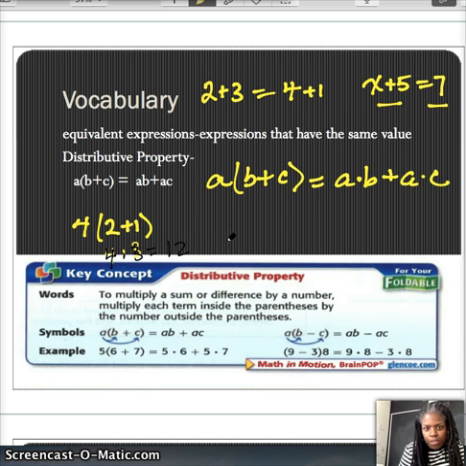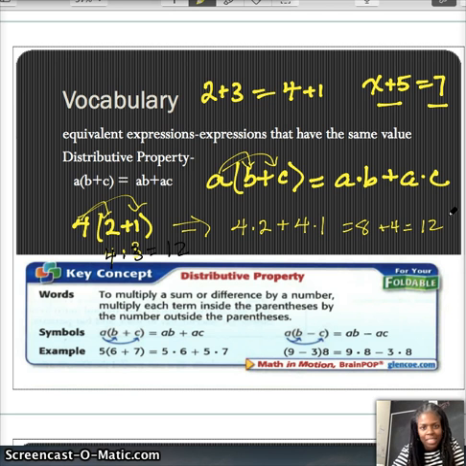However, this distributive property tells me that I can write it as 4 times 2 plus 4 times 1. Notice I'm multiplying A, in this case 4, times each of these terms in here. 4 times 2 is 8, and 4 times 1 is 4, and 8 plus 4 is 12, right?